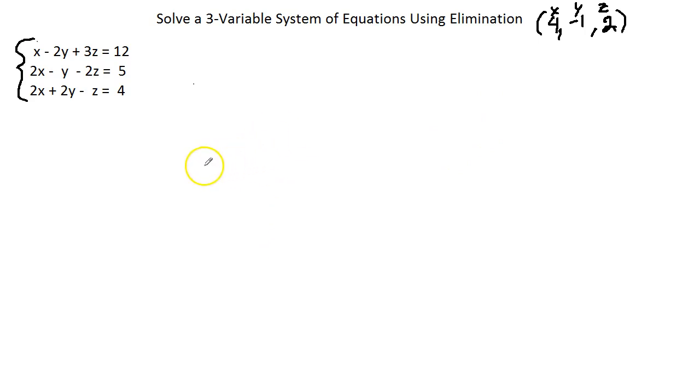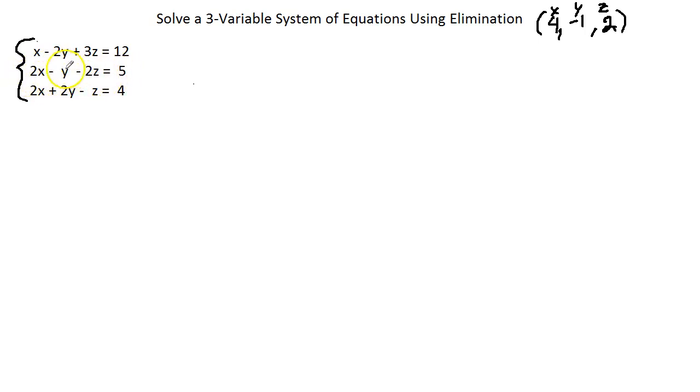Now, the goal is we will take one equation and do an elimination with the other two equations. If I choose to eliminate x, I would want to use the first equation and multiply it by a -2 to eliminate the x's. If I chose to eliminate y's, I would choose the middle equation.